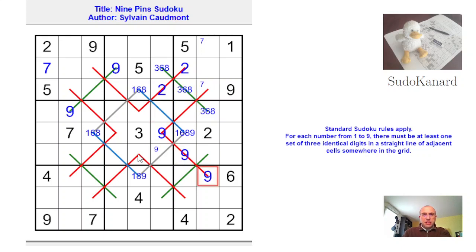Will it be here? If I'm doing this, then by Sudoku I get a 9 here, and it must be repeated, and that doesn't work. So that's not a 9, and this is a 9, and this could be repeated.